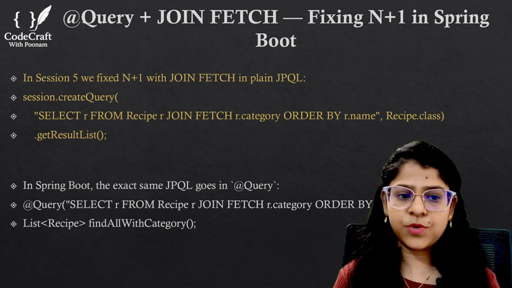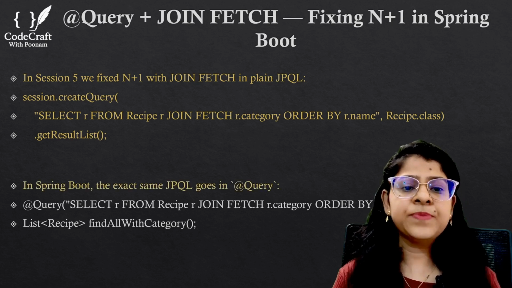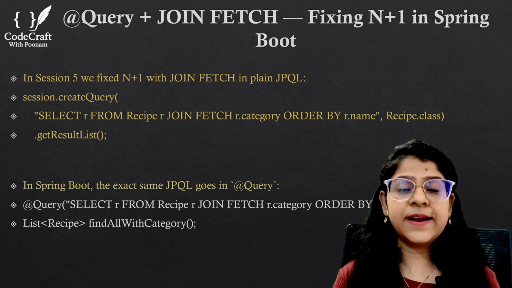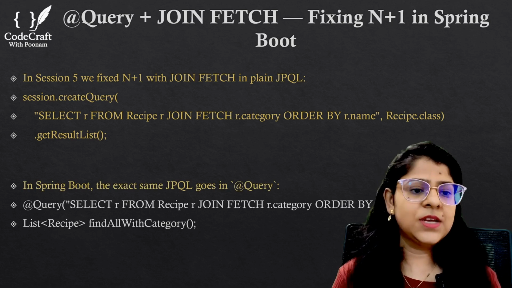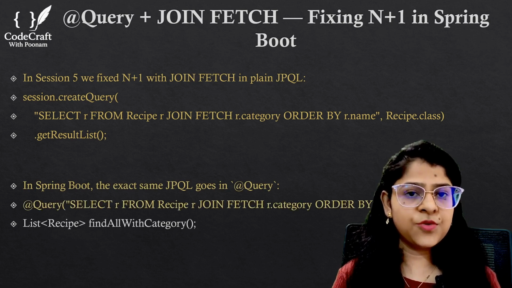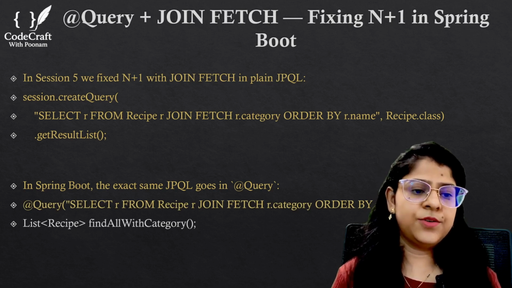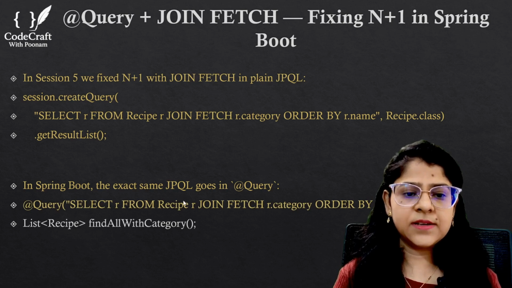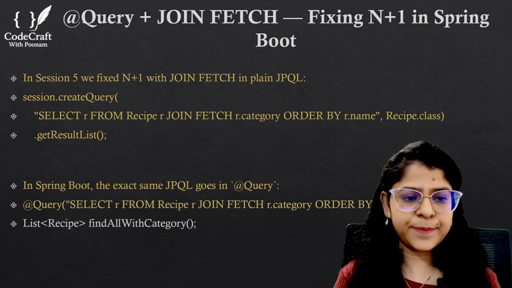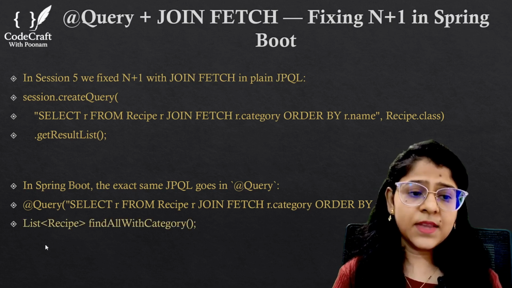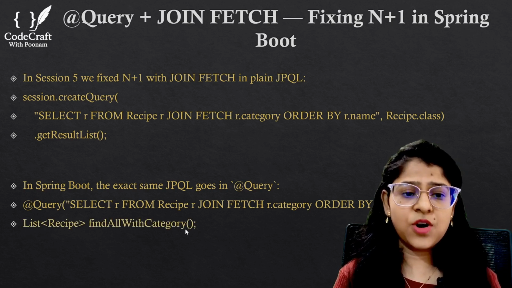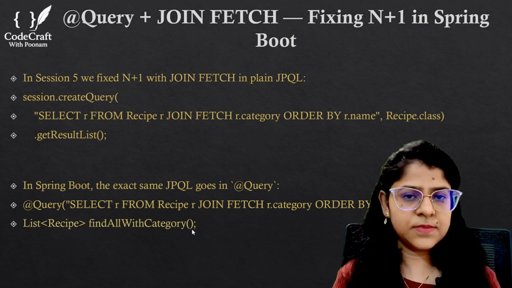But in Spring Boot, the exact same JPQL goes in @Query. So here in Spring Boot, you use the @Query annotation, and here is the select statement. And then this is List<Recipe> findAllWithCategory. This is an example.